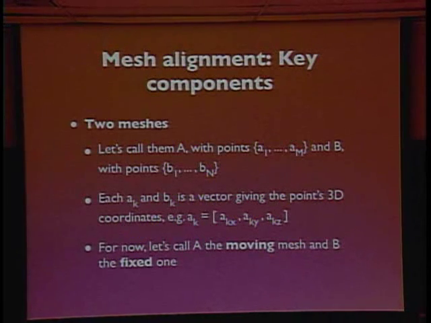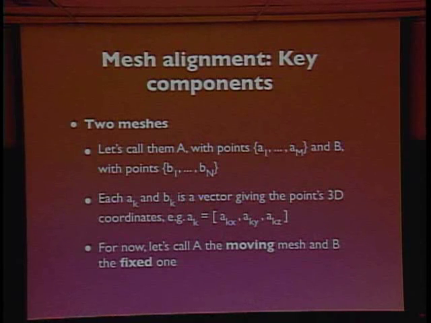Because those surfaces consist of points connected together with lines, they're usually referred to as surface meshes. So let's say that we have two of these meshes, and I'll refer to those as A and B. A has points A1 through Am, and B has points B1 through Bn.